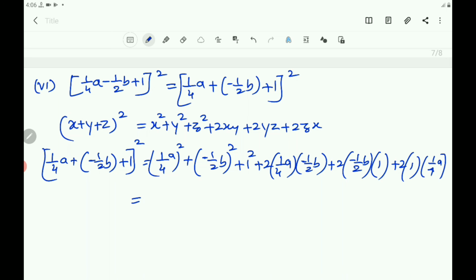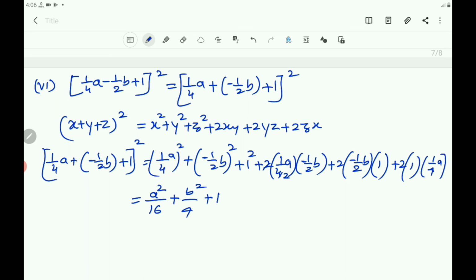Then you write (1/4 a) whole square is a square by 16. 4 square is 16, a square is a square. (-1/2 b) whole square is plus b square by 4, and 2 2s are 4.